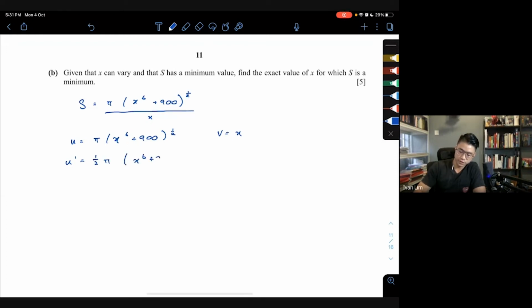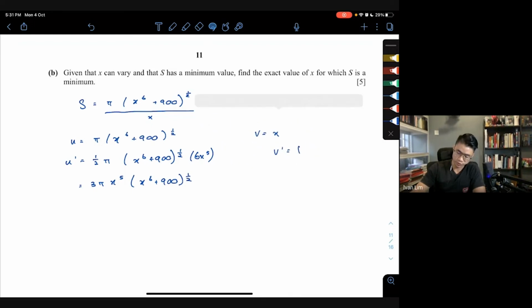Here is where I think you all have to check, double check, triple check. And here you get 6x to the power 5. V prime equals 1. Okay, summarize it, simplify it. 3 pi x to the power 5, x to the power 6 plus 900 to the power negative half. Okay, be extra careful. I don't want you to lose marks over here.